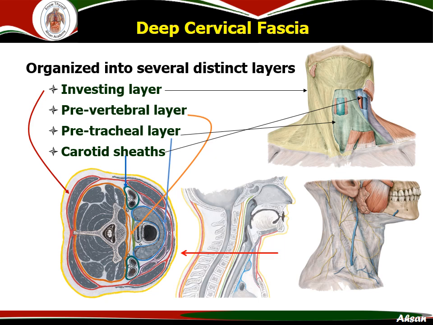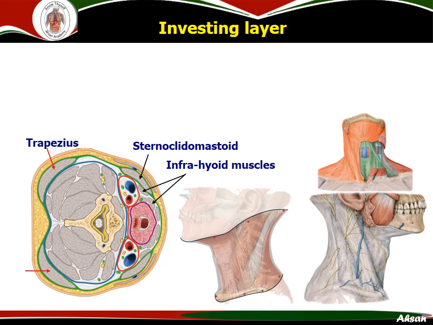So one by one let us discuss each of the layers. Naturally, first the layer is the investing layer. It is the outermost layer. Here it is indicated by light green color, and you see it surrounding the whole neck like a stocking.